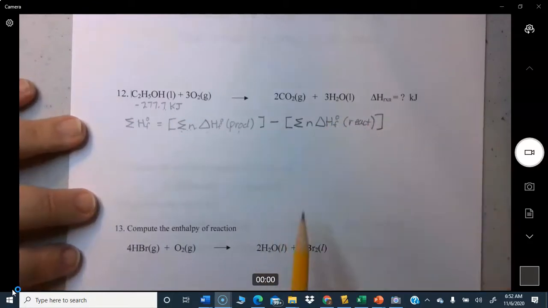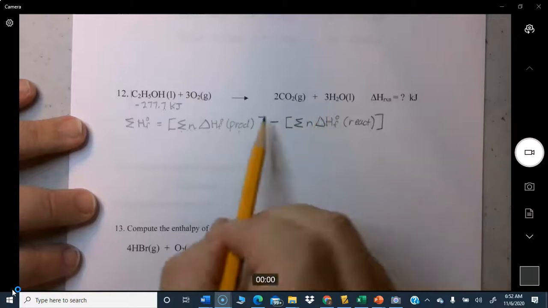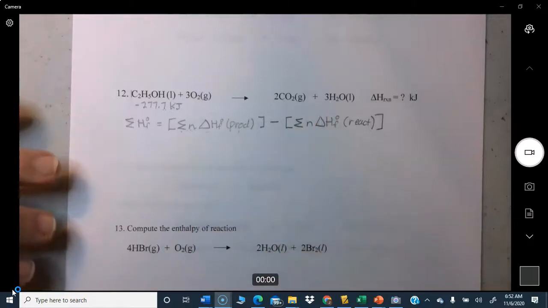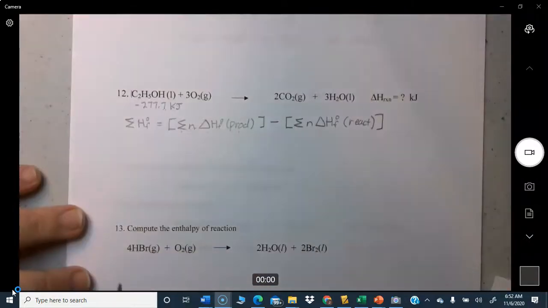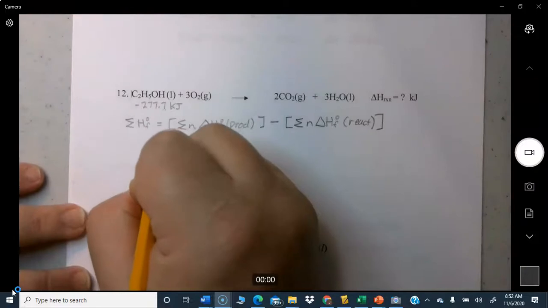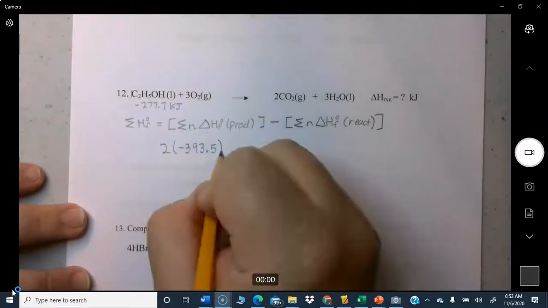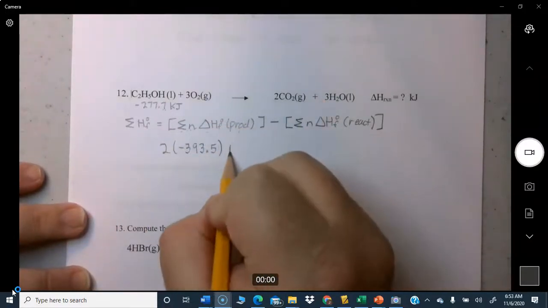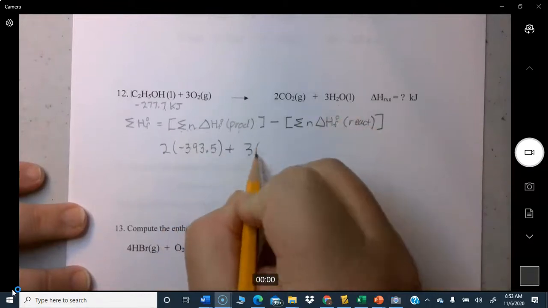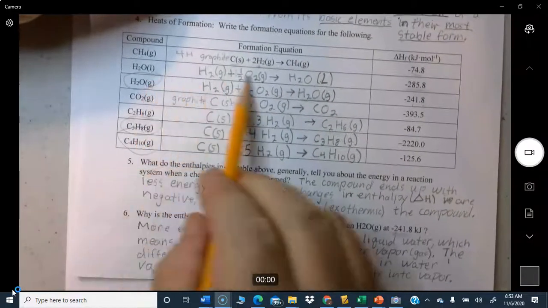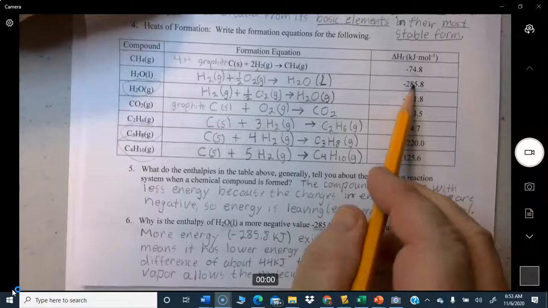Okay, so let's get started. Over here we have 2 CO2. Come back here to our page 1, and CO2 is negative 393.5, and we have 2 moles of that. Then it's plus this, and it's water in liquid form. Right there, water in liquid form is negative 285.8.